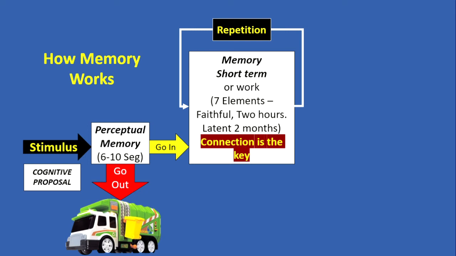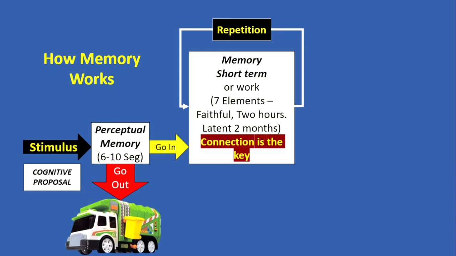Every time the brain hears that a concept is being repeated, it understands that this repetition is due to the information being more important. So this practice of connection and repetition is the key for fixing short-term memory.